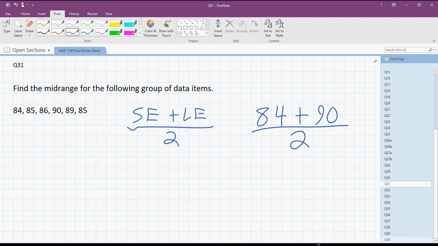No, you didn't divide by 2. Or, I don't even know where you got the 129. Say it again. 87. So, John, did you push 84 plus 90 and then divide by 2?